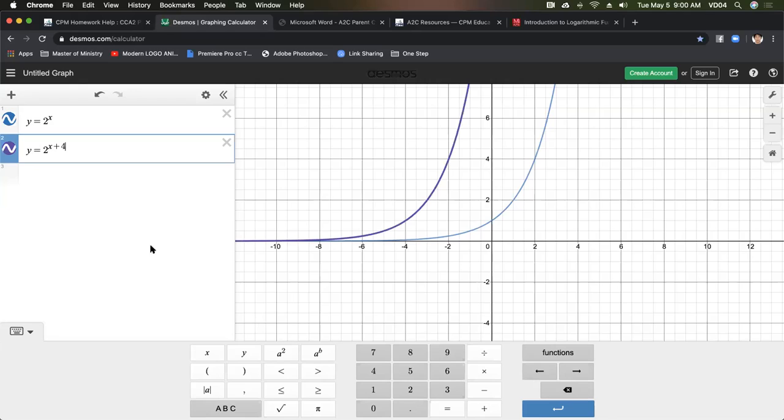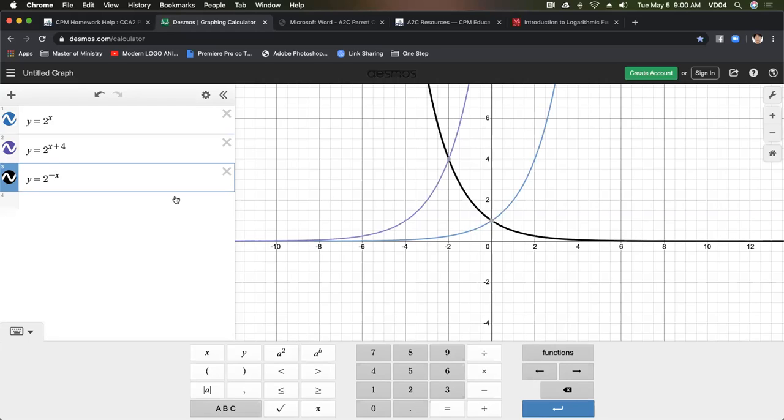Can you see this purple one? Yes. Right. So this is another example of the graph of an exponential function. Let's take another graph. Let's copy the graph above and do some modification. Let's take the x exponent as negative, so negative x. Can you see the black one? Yes. This is the graph when we take x as negative.